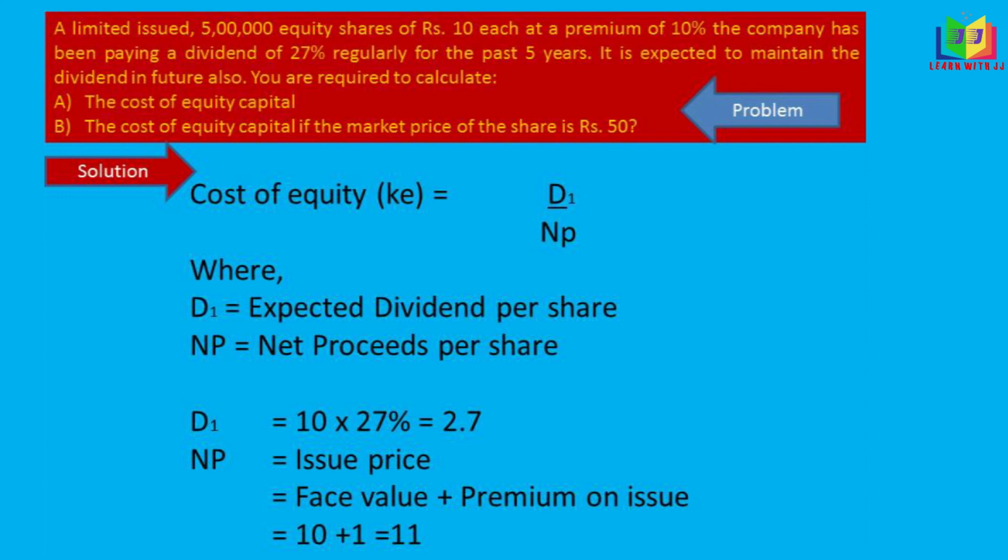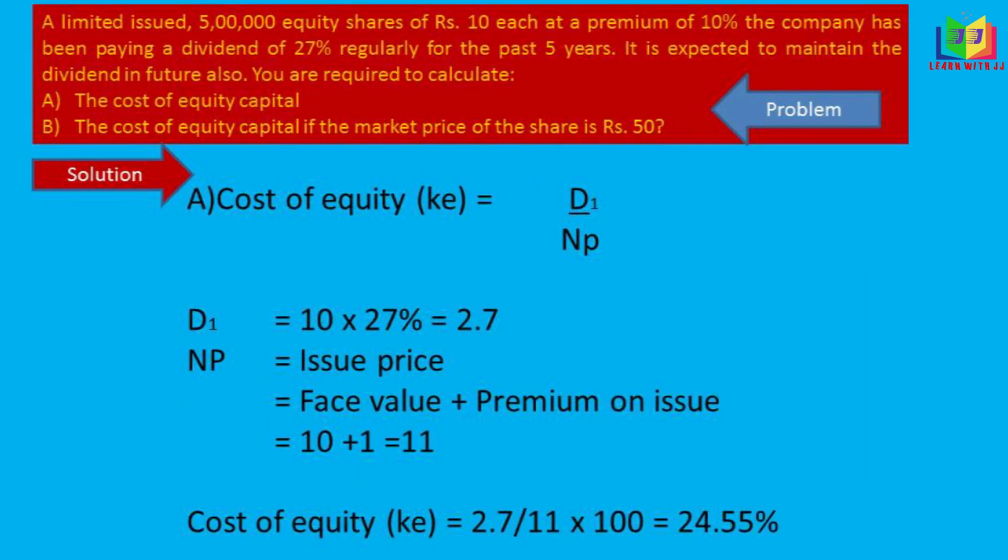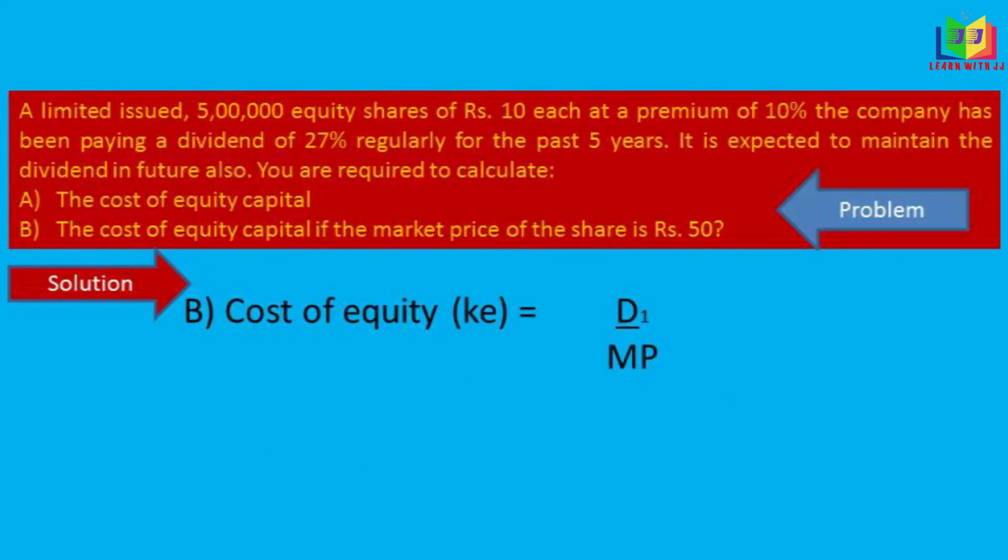So net proceeds equal to 10 plus 1, we get 11. So D is 2.7 and NP is 11 here. If we substitute in the formula, we'll get 24.55 percentage. This is the cost of equity.